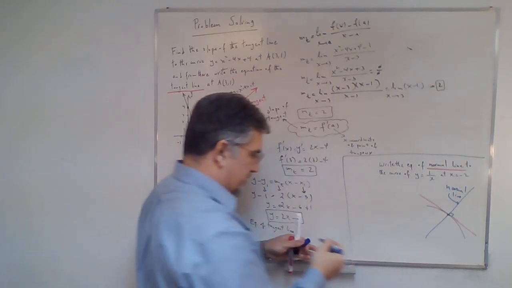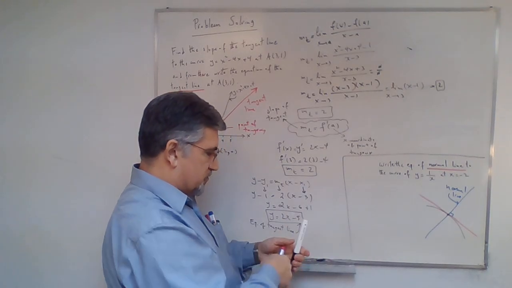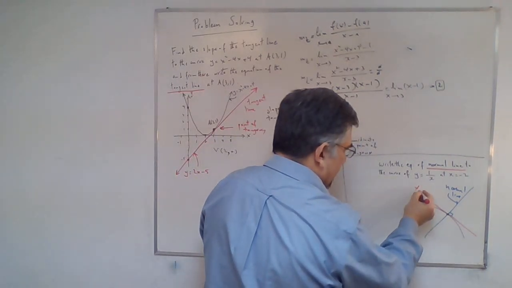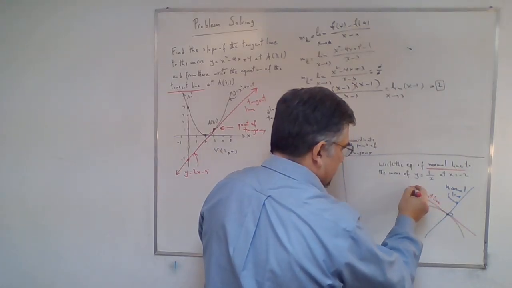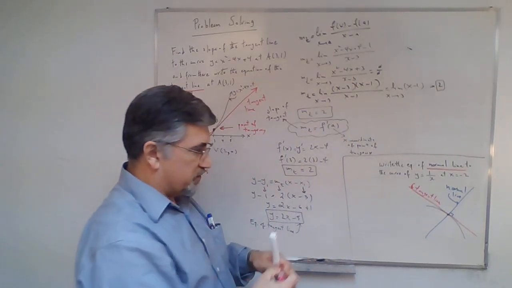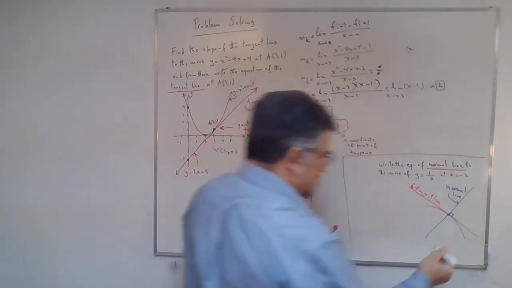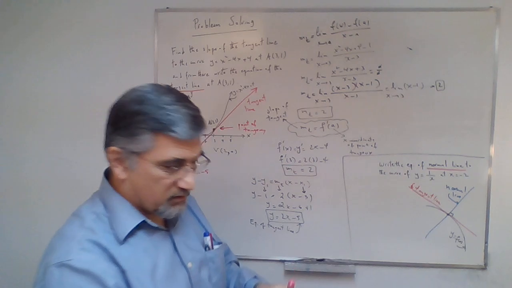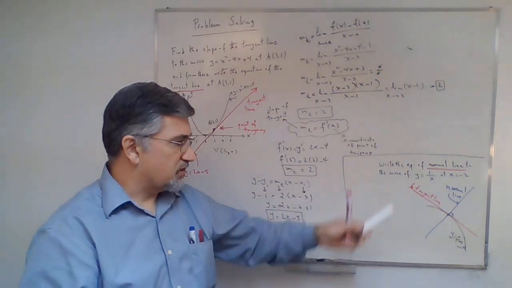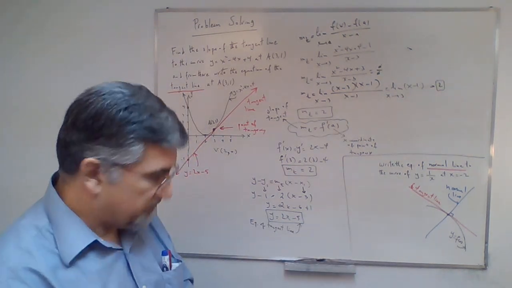The normal line is always perpendicular to the tangent line. And this is our graph of y equals f of x, whatever it may be. In this case, it's y equals 1 over x, but it's a general schematic diagram I'm drawing here.